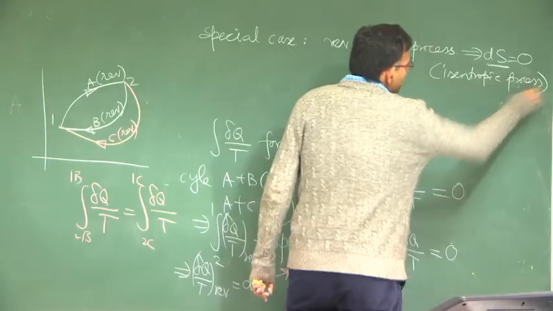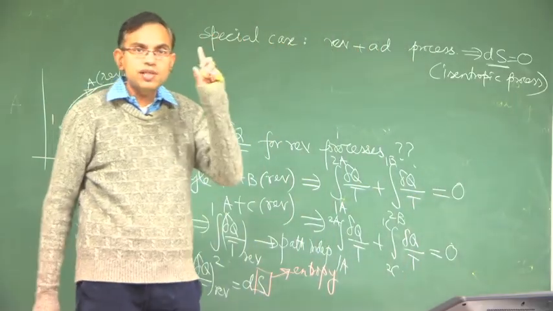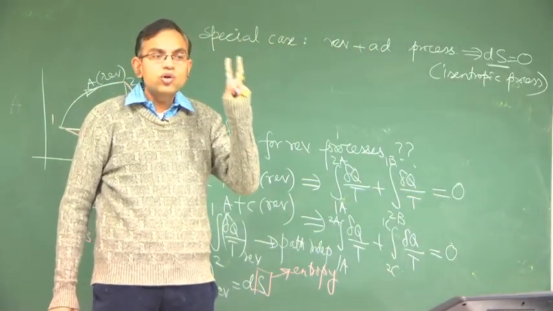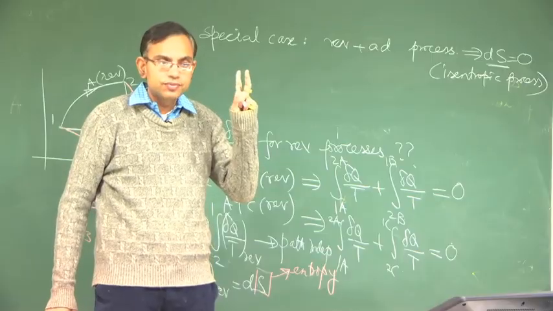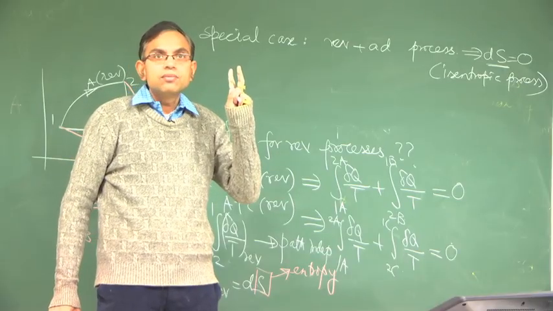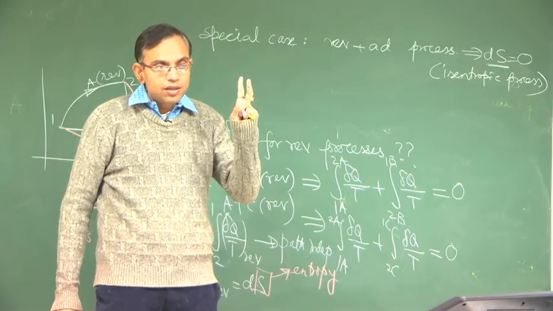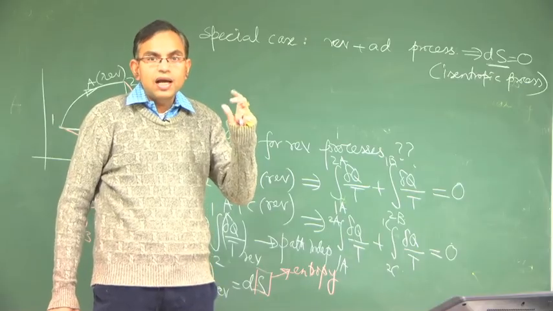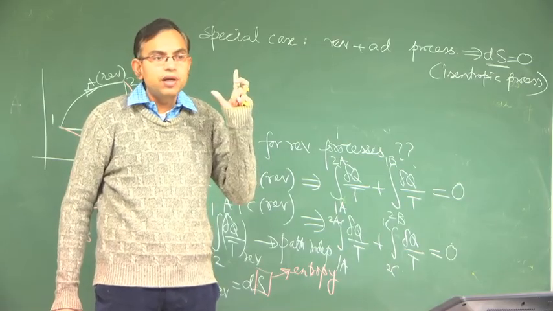That means in the Carnot cycle we have two processes as reversible adiabatic and two processes as reversible isothermal. So two processes are isentropic, that is entropy remains constant, and two processes have temperature remaining constant.